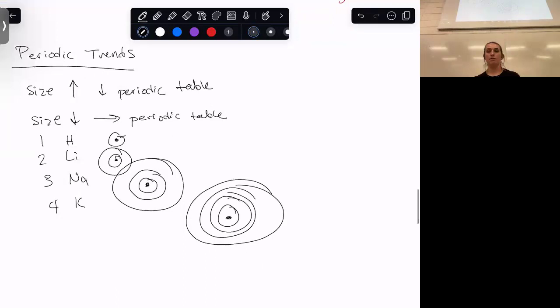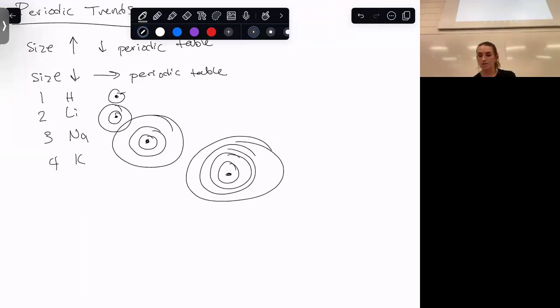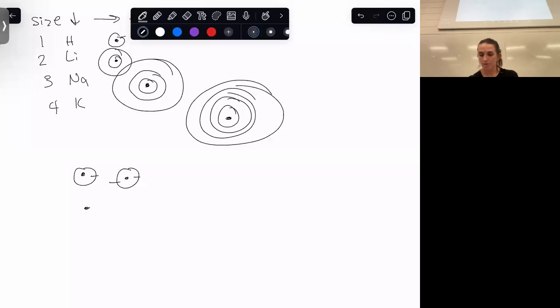As we go across, however, left to right like you're reading it, we're only adding electrons to our shell. So in the second period, we have the 2 in the center from our 1s, and we're given 1, and now we have 2.